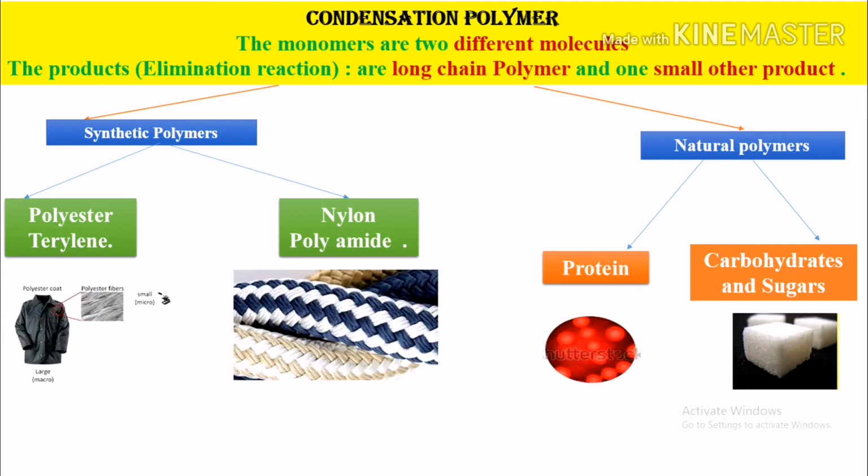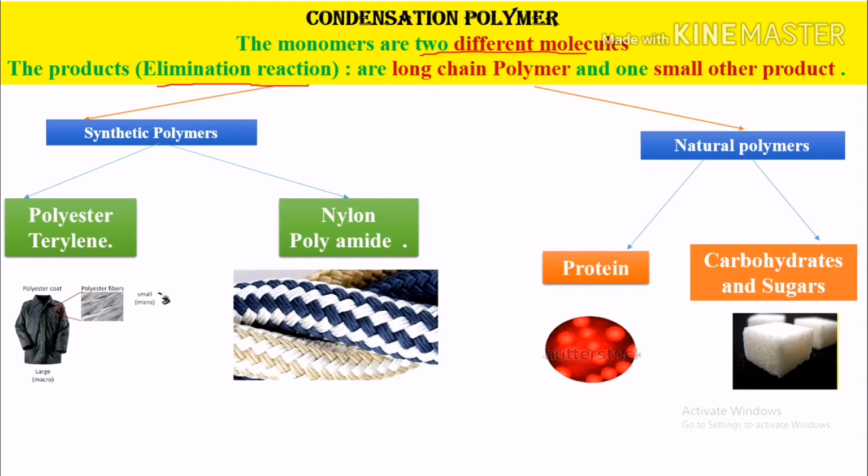Condensation polymers, at first you must know that the monomers are two different molecules. The products are formed by an elimination reaction. An elimination reaction or condensation reaction is a type of chemical reaction in which we remove small molecules, for example a water molecule, H2O, or an HCl molecule.